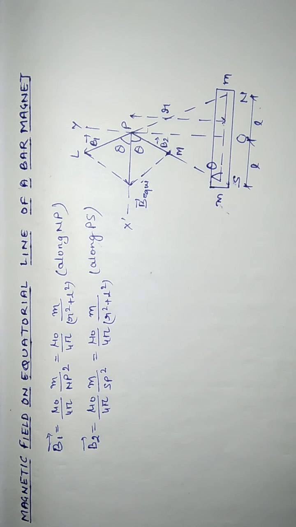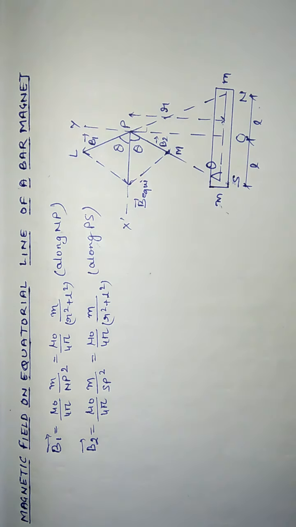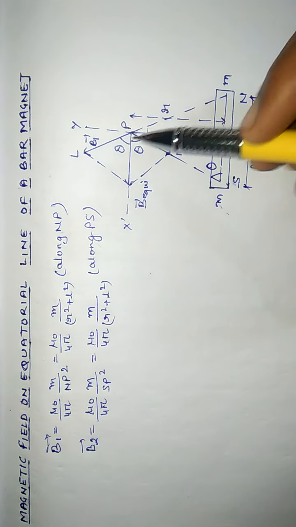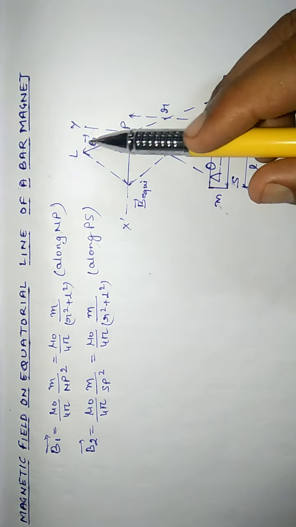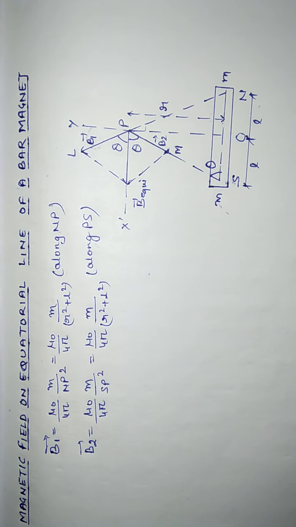Now we want to find the resultant magnetic field at point P. For this we have to resolve these vectors into their horizontal and vertical components.